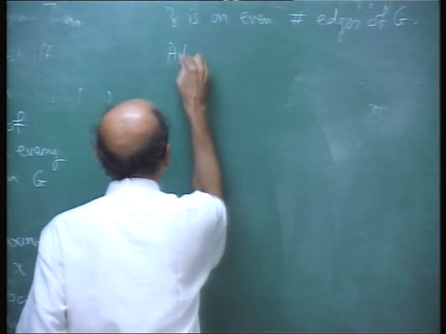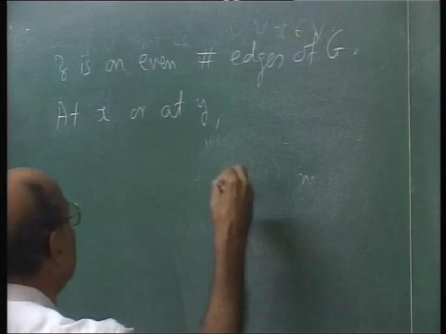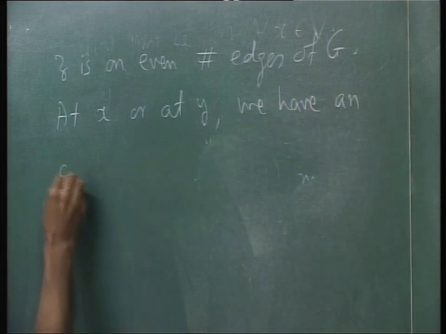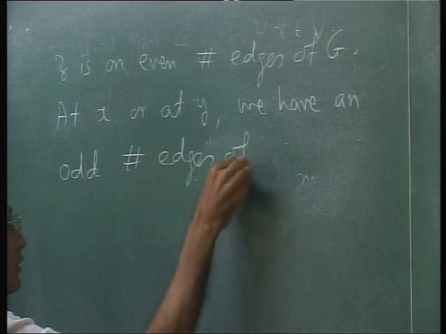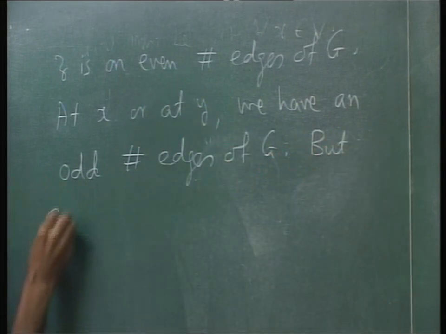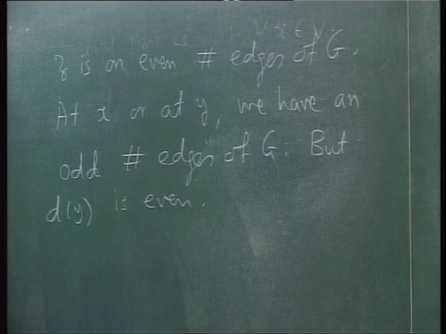At x or at y, the trail is on an odd number of edges, but the degree of y is even. Therefore, from y there is some edge that is unused. I have not used some edge, that's clear.